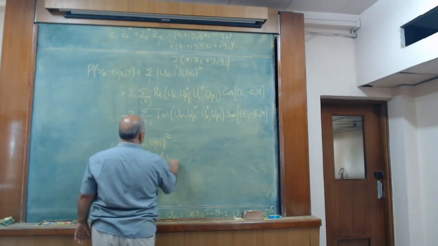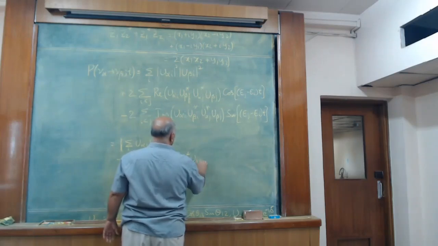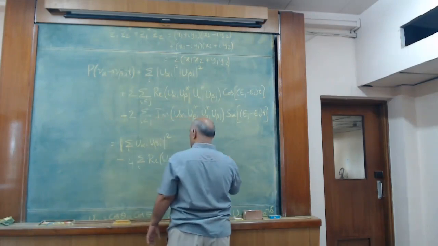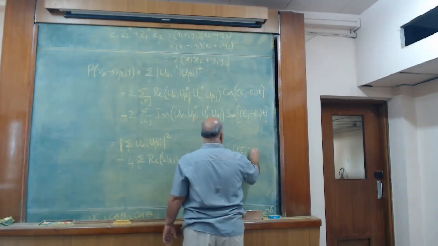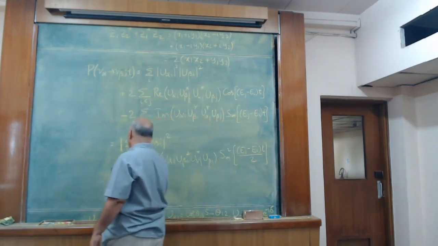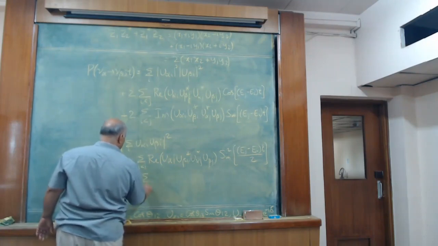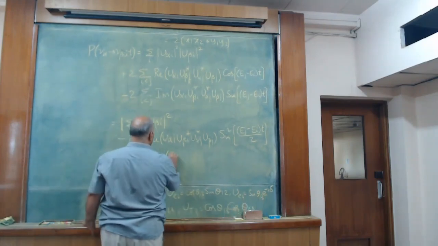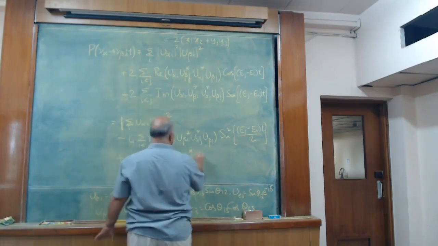Real u alpha i, u beta i star, u alpha j star, u beta j, sine squared (Ej minus Ei) t by 2, plus 2 sum i less than j, imaginary part of u alpha i u beta i star.